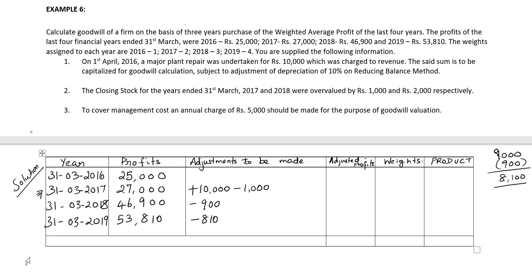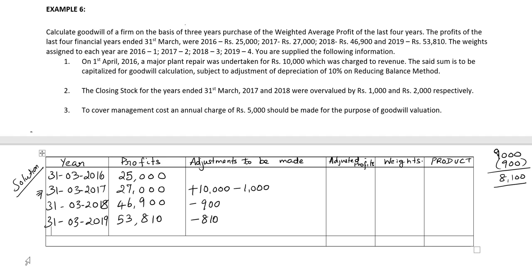So I'll repeat this treatment. On 1st April 2016, a major plant repair was undertaken for 10,000, which was charged to revenue. So 10,000, which was supposed to be a fixed asset, was erroneously charged to revenue. So we add back that 10,000. And since we did not treat it as a fixed asset but treated it as a revenue expenditure, we did not charge depreciation, which we will do now.